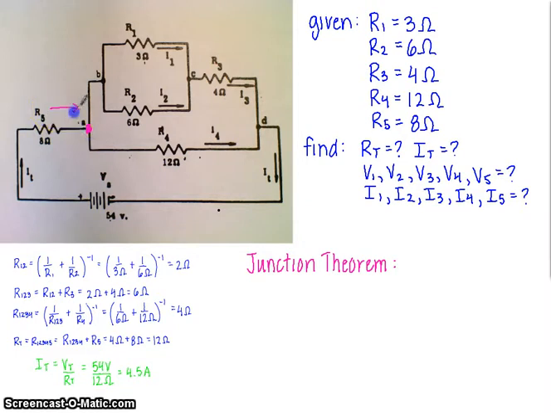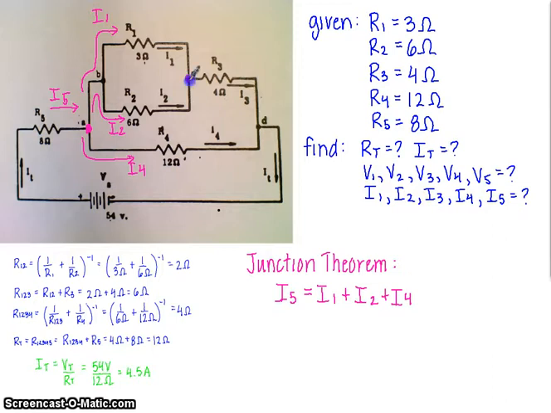So for example, this first junction that we come to, we have the current that comes through resistor 5, and that goes into the junction, and coming out of that junction is the current through resistor 1, the current through resistor 2, and the current through resistor 4. So an equation that we can write for that is the total current going into that junction, which is I5, is equal to the current coming out of that junction, which would be I1 plus I2 plus I4.